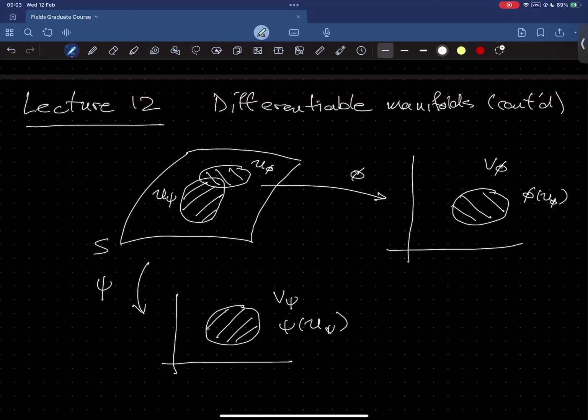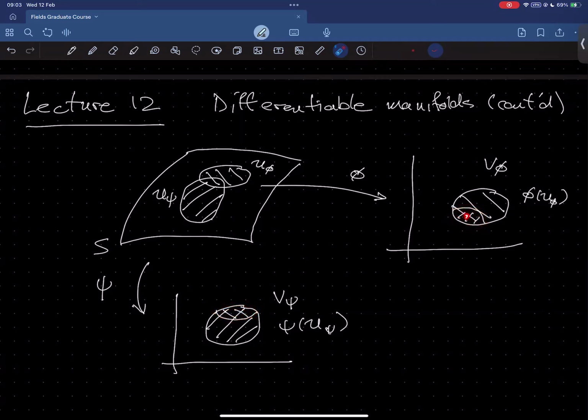And then the interesting thing that happens is on the place where they overlap. The overlap here is going to map by phi to some region like this, and that's the overlap. And here it's going to maybe look something like this. Then I had a mapping which went from this overlapped thing to this overlapped thing. How did it do that?